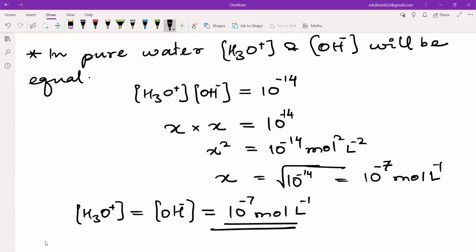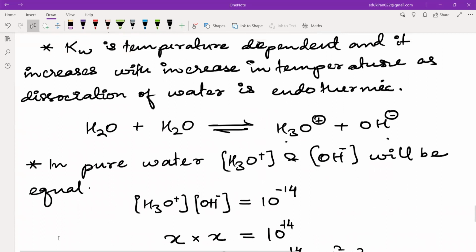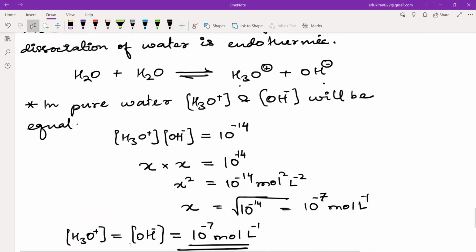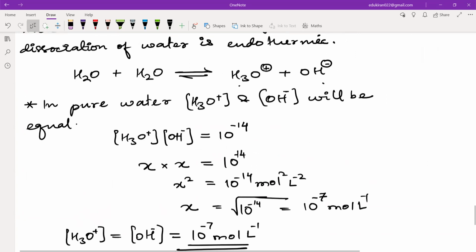Can you scroll up? This is the reaction, na? I just wanted to get the reaction. So you can also write it as molar raised to minus 1, right?